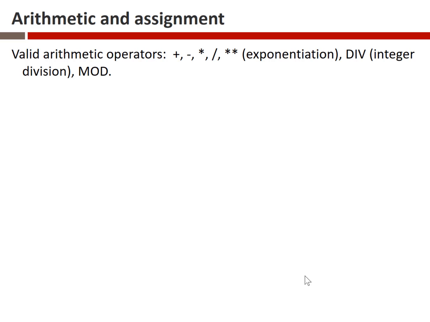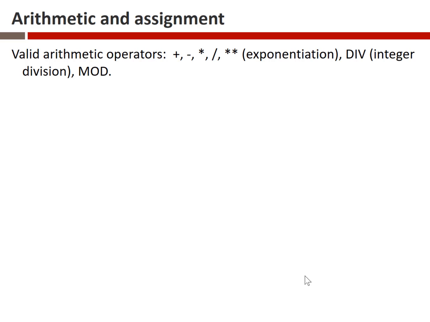So like 3 squared would be 3 star star 2. 5 to the 4th power would be 5 star star 4. We have div for integer division, so 3 div 2 is 1. We have mod for the modulus operator, the remainder basically from integer division.